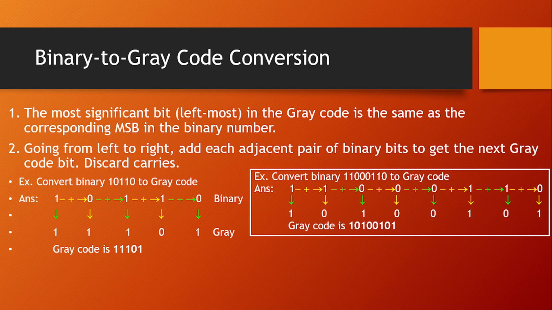The gray code for 1100011 is 1010001. So the hint is to start from left, and going from left to right, add each adjacent pair of binary bits to get the next gray code bit, and simply write the sum bit only, discarding the carries.